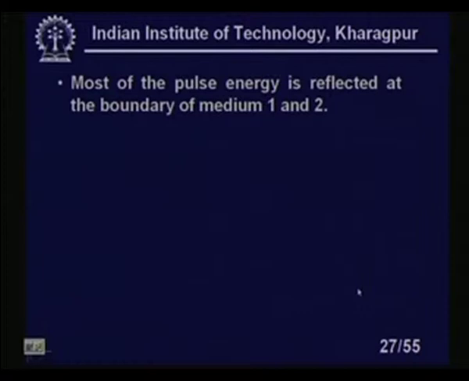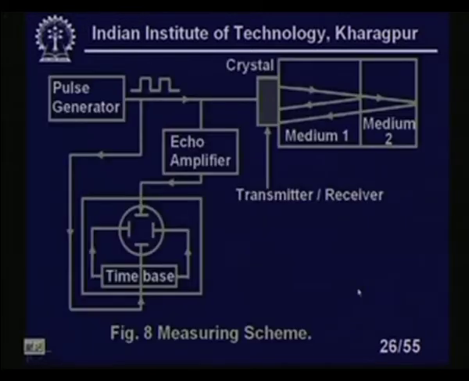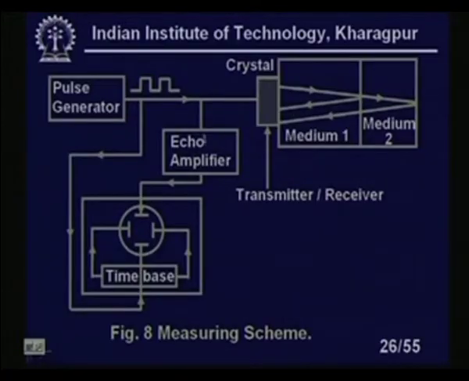What is the echo amplifier? The echo amplifier is simply an amplifier, operated only for the time when the first reflected signal comes, because the signal needs amplification, that is the reason I need an amplifier here.